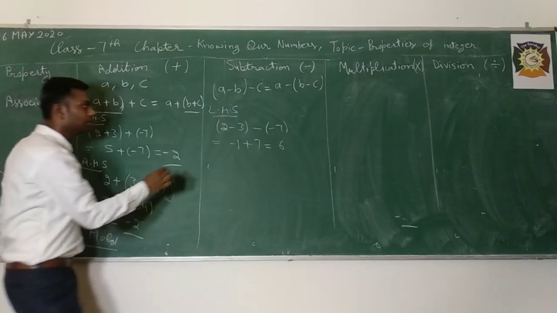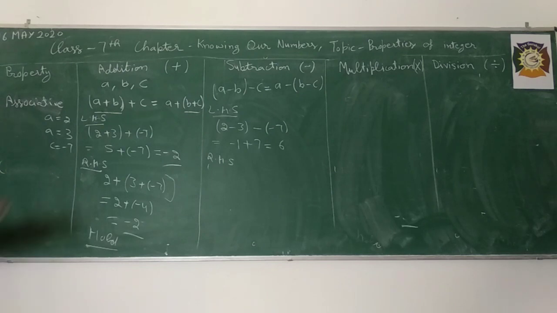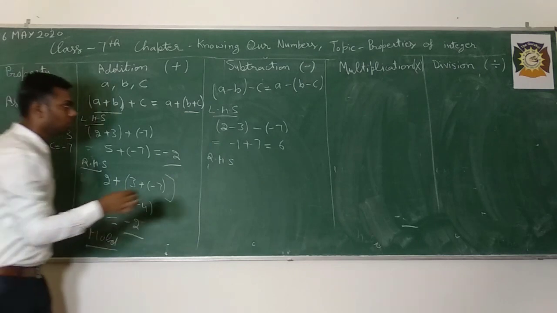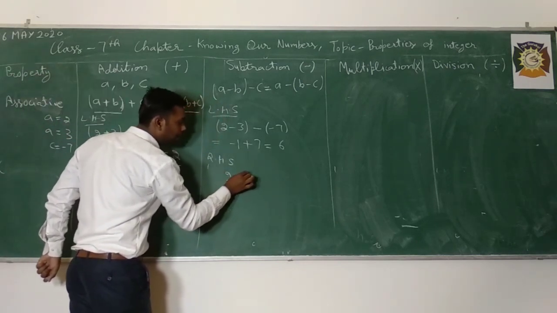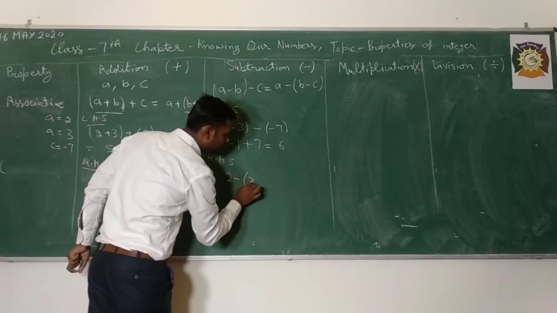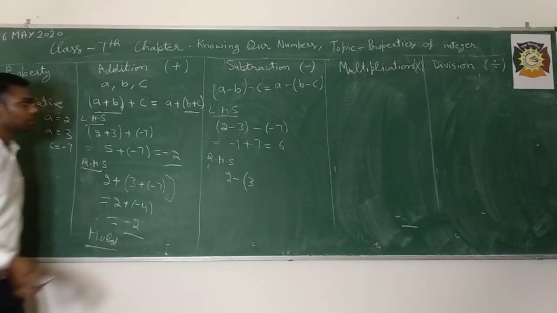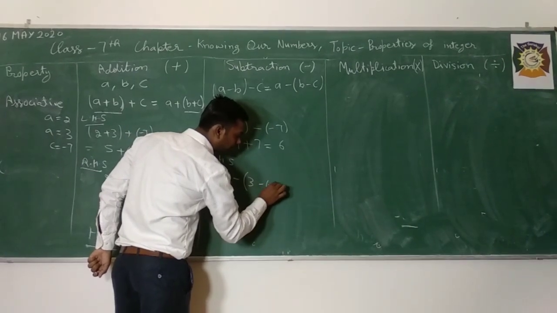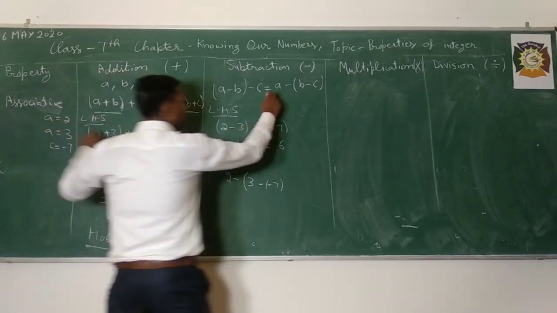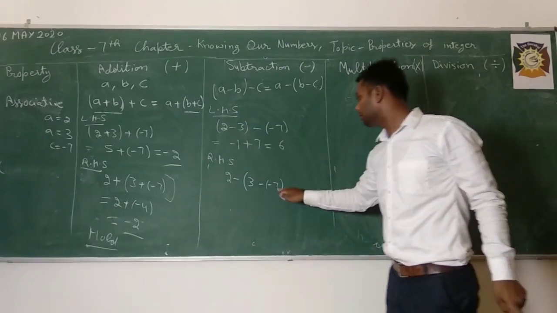Now take the right hand side. Put a equal to 2 minus b equal to 3 minus c equal to minus 7.